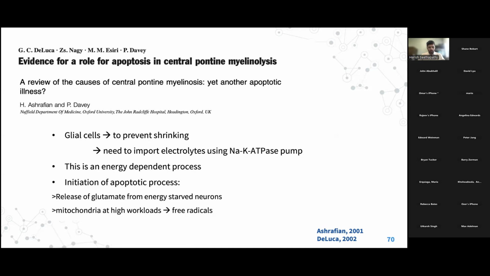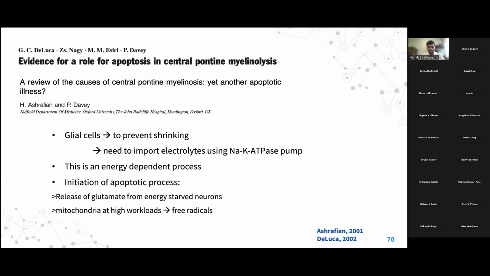The hypothesis is probably this: the glial cells, in order to prevent shrinking or to protect themselves from osmolar changes, need to import or export electrolytes using the Na-K ATPase pump. They really need to do that to preserve their shape and structure.